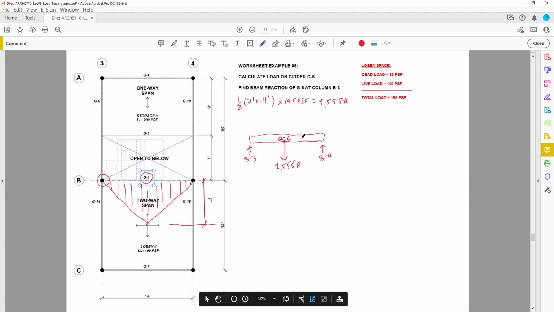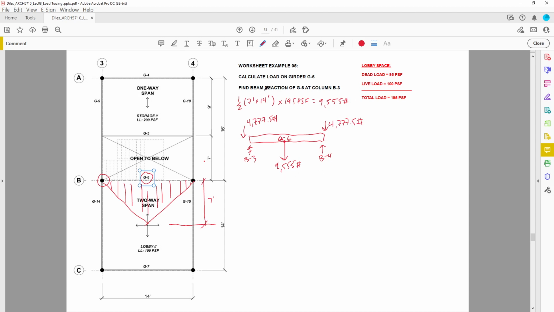But this is good enough for what we need to do. 9,555 pounds, let's divide that by 2, which tells us that 4,777.5 pounds will be loading on top of B3, and then 4,777.5 pounds will be loading on top of B4.